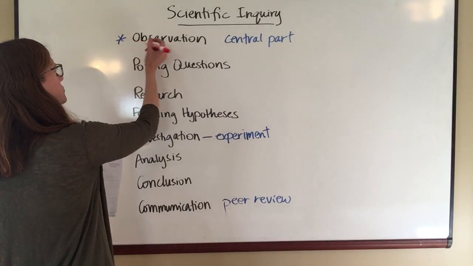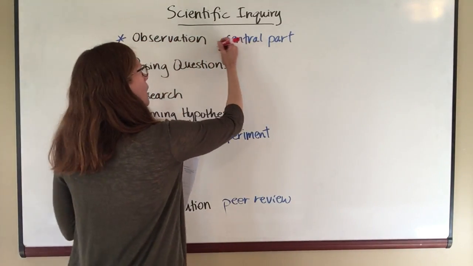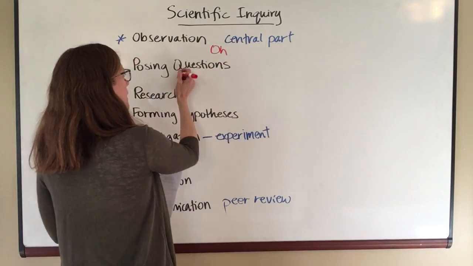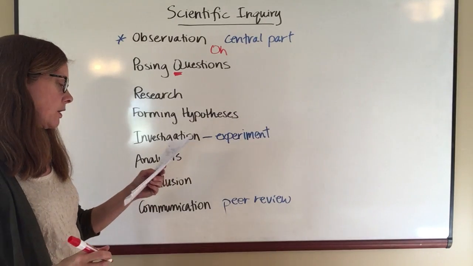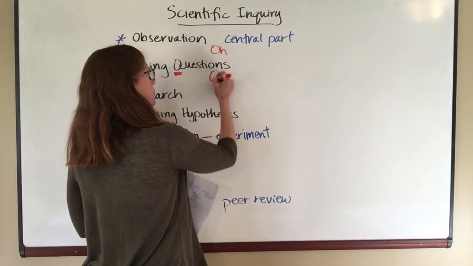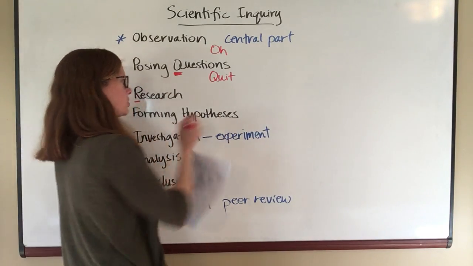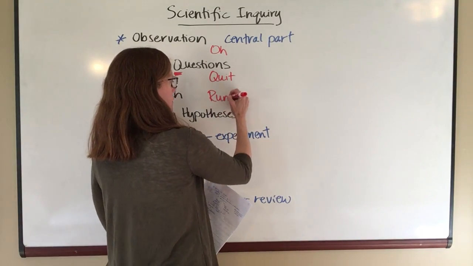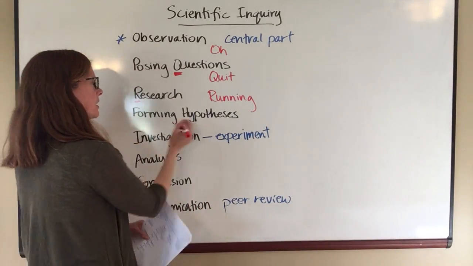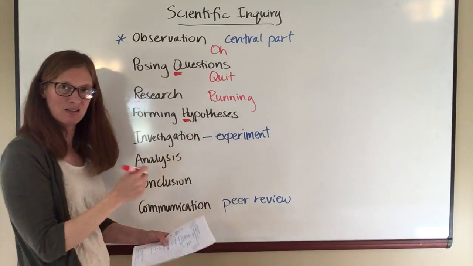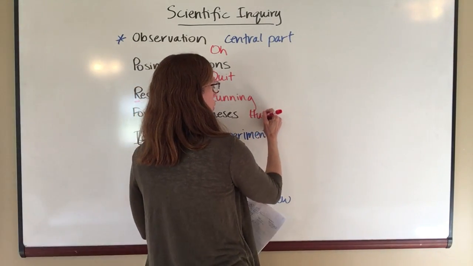So observation starts with an O, so I'm going to use the word O. And I use the Q for questions because I thought that was a better word. So I put the word quit. R in research is running. And then again, instead of forming, I use the word hypotheses because that's really the more important word here. Quit running hurriedly.